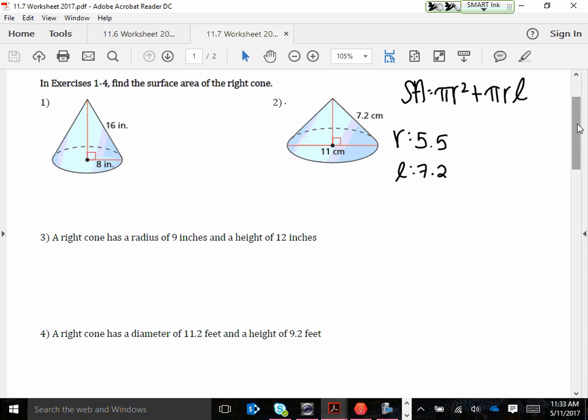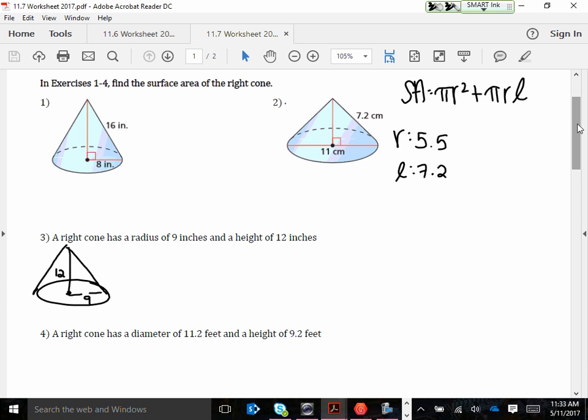3 and 4 I don't have a picture, so they're a little bit hard for some people to see. Let's talk about 3 and 4 really quick. It says a right cone, so imagine you have this cone, has a radius of 9 and a height of 12, and I want to do the surface area. 12 is not the slant height, 12 is the height.